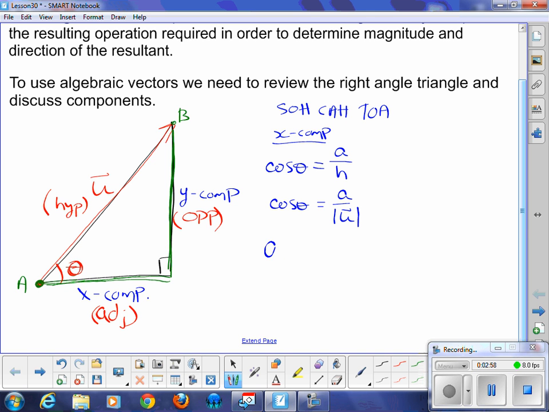If I rewrite this, we know that the x component is the magnitude of the original vector multiplied by cos of the angle. And that's our x component.